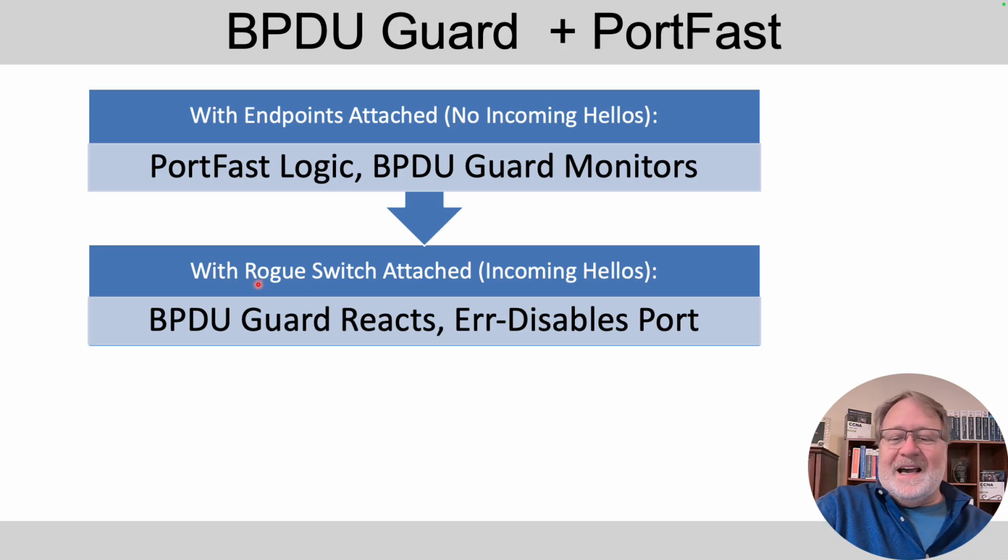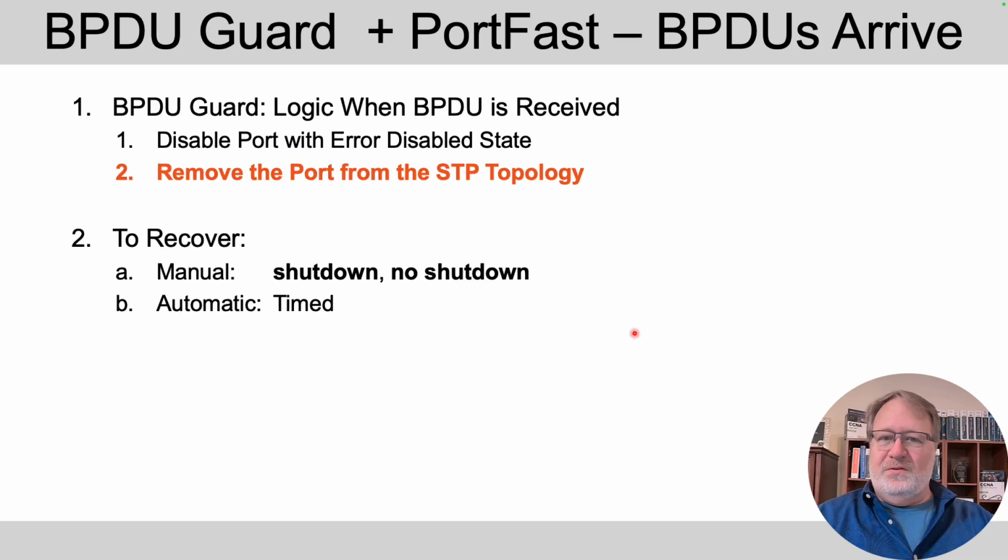Then when somebody attaches a rogue switch and they start to send incoming hellos into the normal switch, it's BPDU Guard that reacts and it error disables the port so that the network engineer can notice that the port's down, look into it, find who turned on the rogue switch, have a conversation, come up with a better solution, not have them turning on rogue switches, and so on and so forth. So it's often the much preferred reaction rather than the PortFast native reaction.